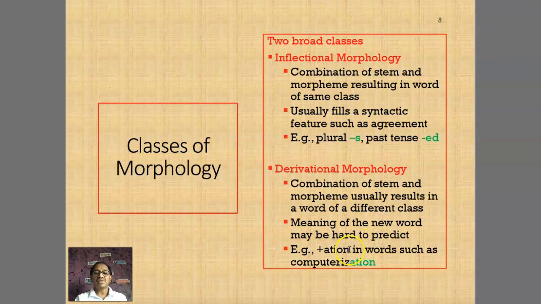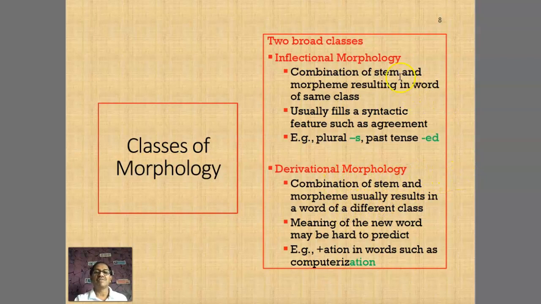Right? Let's take an example. ation is a nominal suffix in words such as computerization. Computerize is a verb. When you add ation, computerization is a noun. So the verb changes to a noun. Right? That is dealt with in derivational morphology.